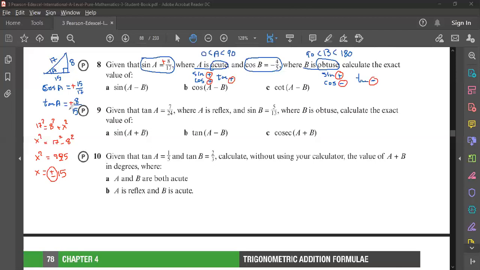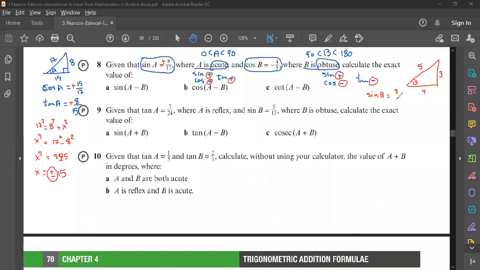Let's come to B, the obtuse. This is the triangle, right angle triangle. This is your angle B. Now cosine B is 4/5, adjacent over hypotenuse 5, doing square root and so on, Pythagoras, that's 3 plus minus. So can someone tell me what is sine B? 3/5.